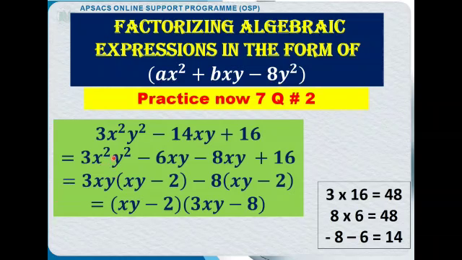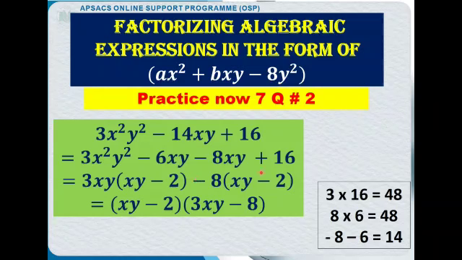There were 2xy, so only 1 xy is left, minus as it is. 3 × 2 is 6, but since we took xy common, only 2 remains. 8 and 16 both come in the 8 table. We took 8 as common; there is no variable, so xy will remain the same. So xy − 2, and 8 × 2 is 16.